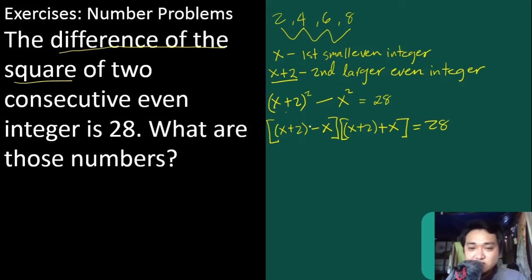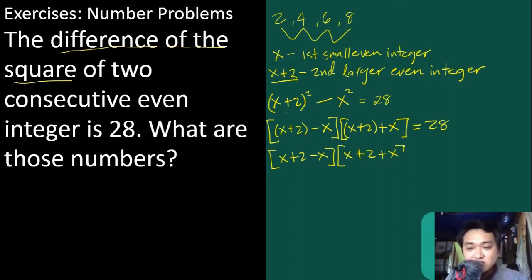Now, let us try to remove the grouping symbols. And we are going to use a distributive property if necessary. Ano? So, tingnan natin. By removing the grouping symbols, we have x plus 2 minus x and x plus 2 plus x.